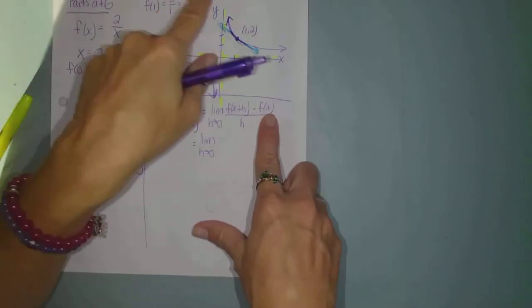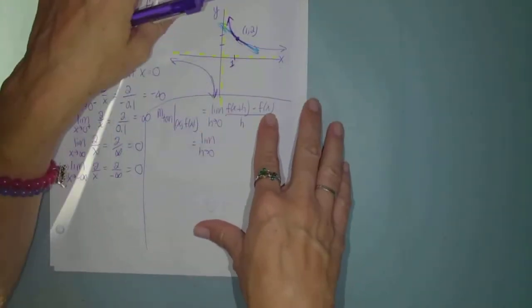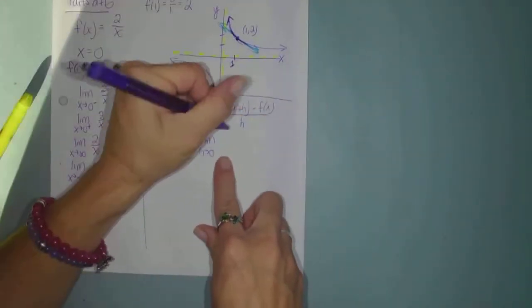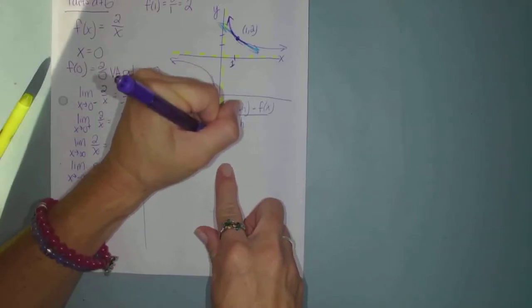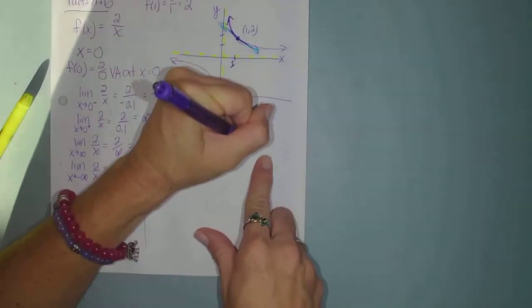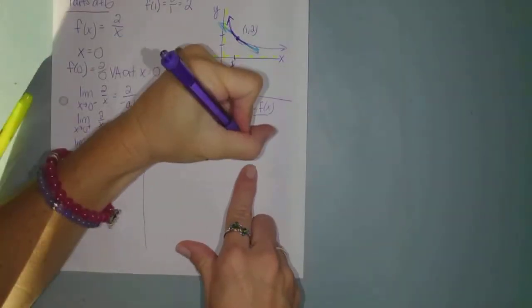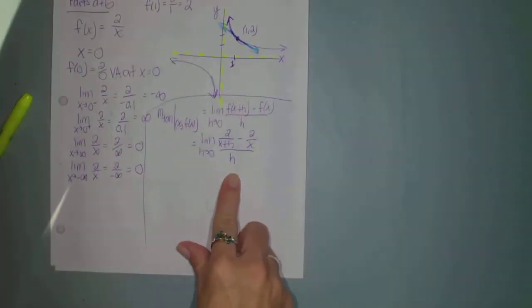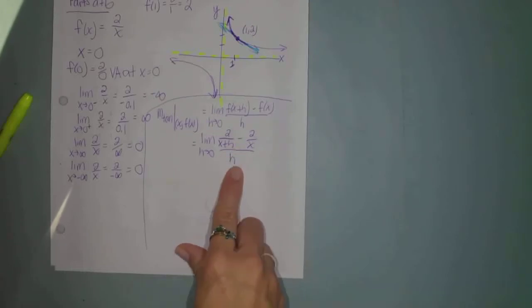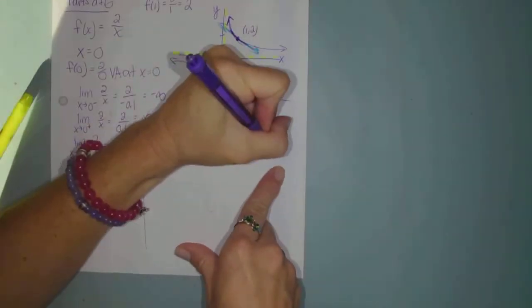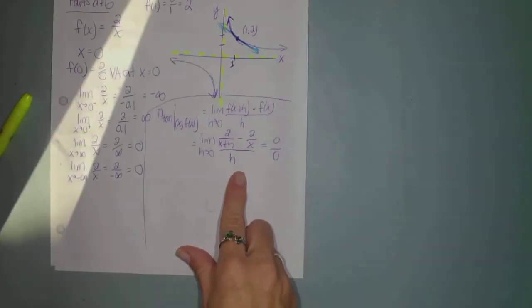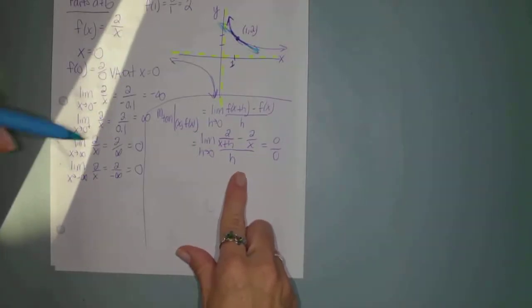We know f of x is 2 over x from up top. f of x plus h would just be 2 over x plus h. So we have 2 over x plus h minus 2 over x, all over h. And if I plug 0 in for h, I'm going to get 0 over 0. So I'm going to go ahead and eliminate my complex fraction.